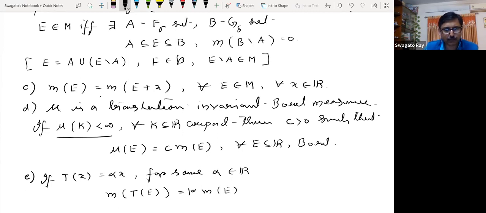That number turns out to be modulus of alpha, and that is true for all E. This is what we are going to prove.